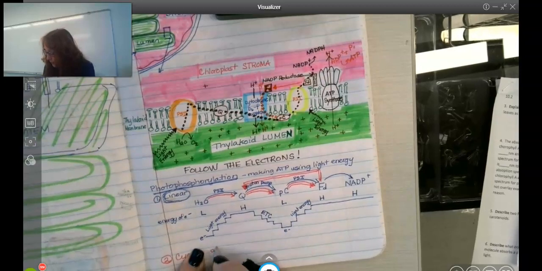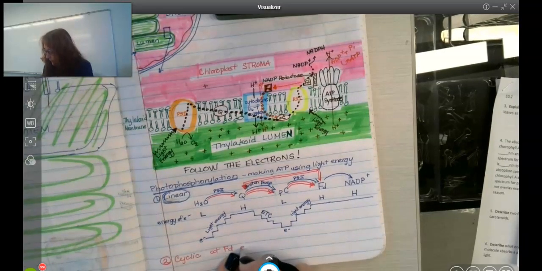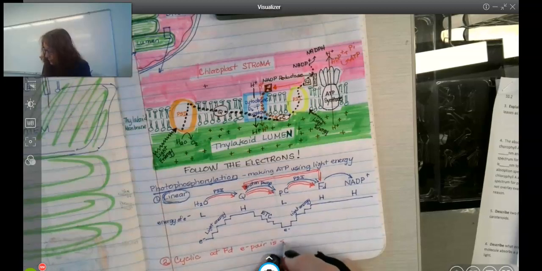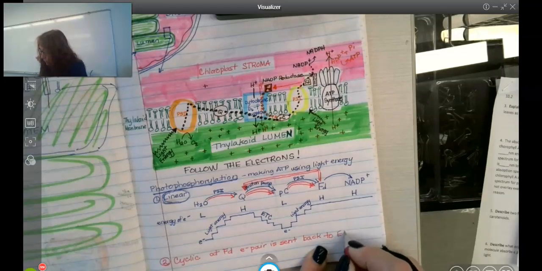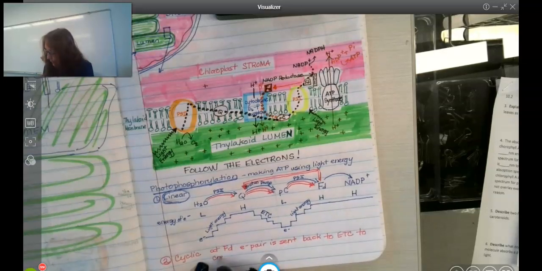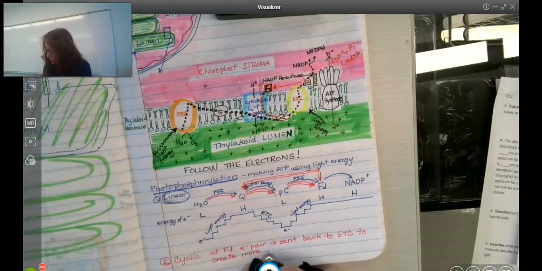So at ferredoxin, the electron pair is sent back to the electron transport chain to create more hydrogen ions pumped.